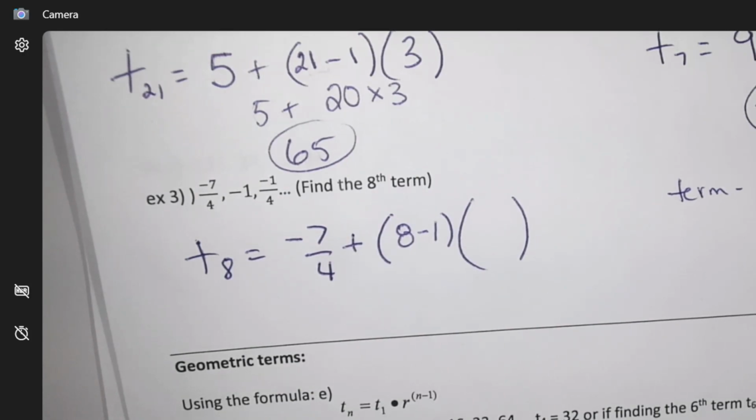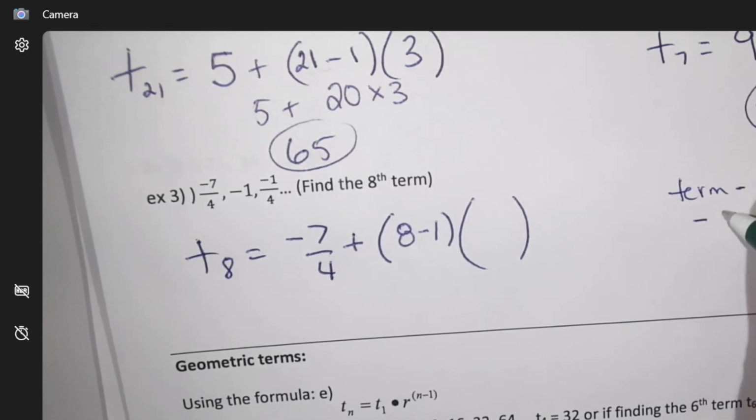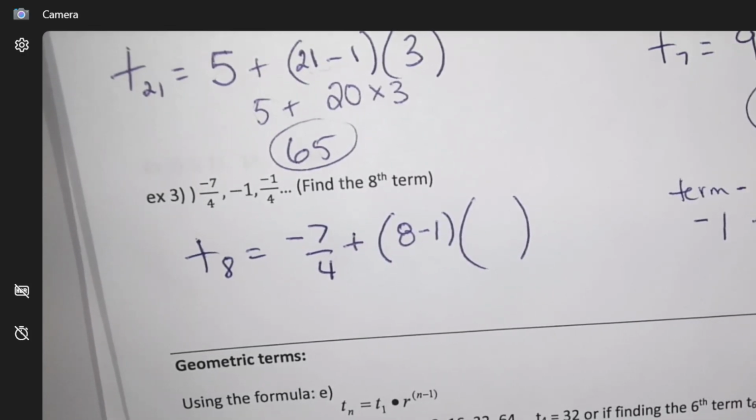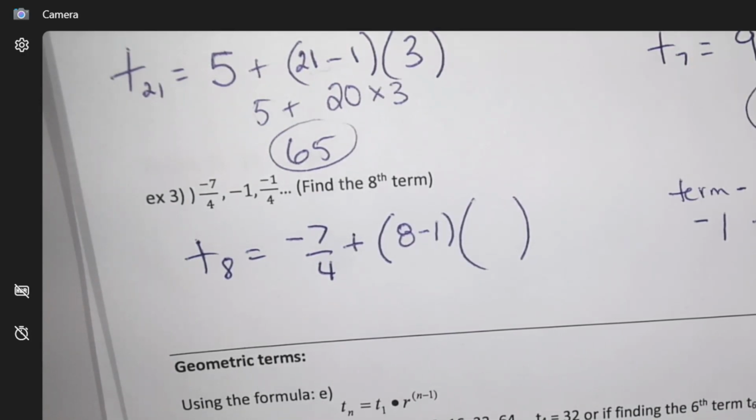A term subtract a previous, because it's arithmetic. Moses, you're picking apparently. Pick which one we're doing. -1. Minus, hold on here, minus the negative 7/4. So I'm minusing a negative, right? Are you okay if I put a plus in there now? Because I'm minusing a negative number.